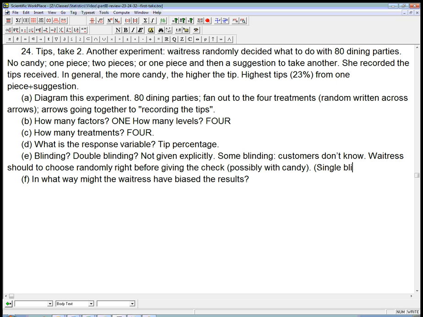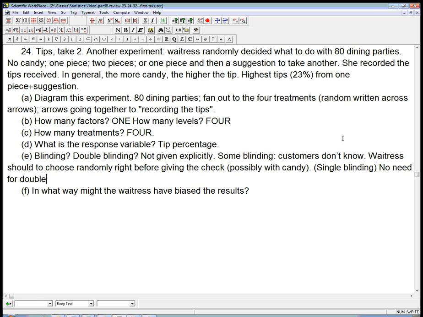because remember, double blinding is when you have a concern about the evaluation of the response variable and if that might be biased. And there's not really much need for double blinding here, because it's not something that's very subjective. It's a single number, since the response variable is so straightforward. When it's a single number, it's very hard to imagine people fudging.